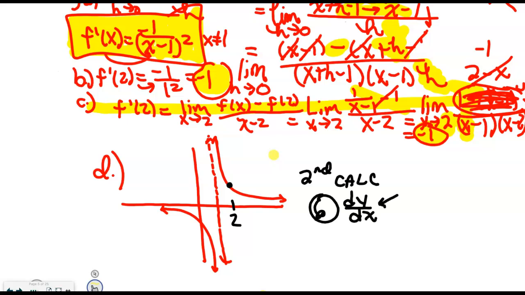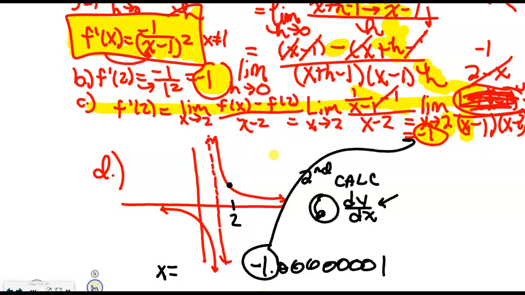If you hit enter, on the bottom it says at x equals. If you put in a 2 there, it's going to tell you that the derivative is negative 1. Now mine says negative 1, but remember this is a limit, so your calculator's struggling a little bit. It confirms our answer. So again, to do it on your calculator, go second calc, number 6, and then just enter the x value at which you're taking the derivative.